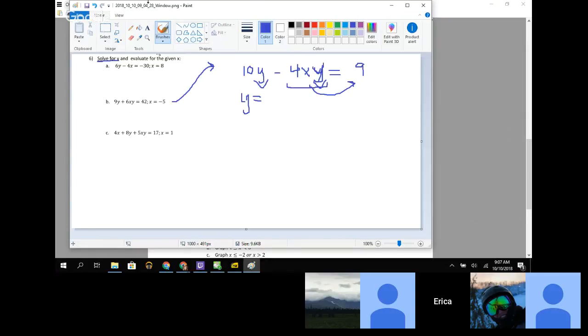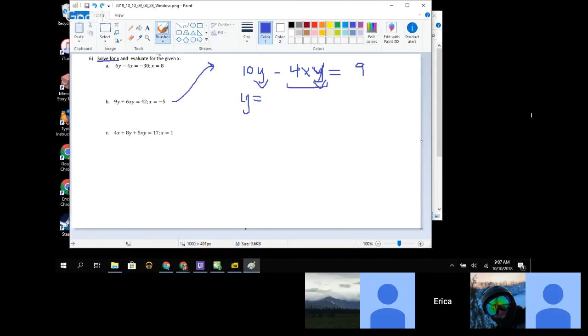So how I can do this is I can use my favorite property. For those of you who are new, my favorite property is the distributive property, but we're not distributing, we're using the reverse of the distributive property. What I notice in both of these terms is they share a y, so I can pull out a y from both of these.